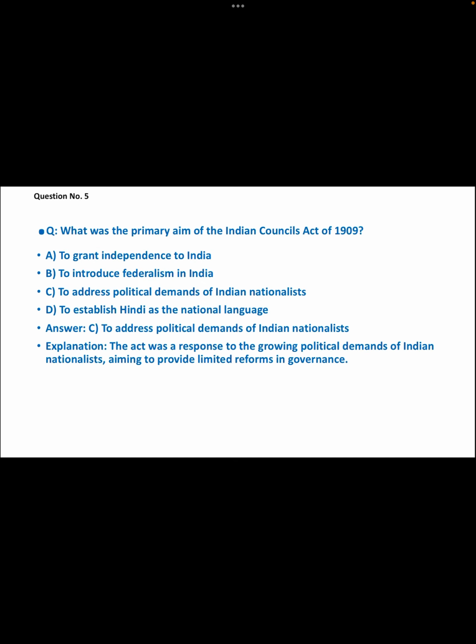Next question is, what was the primary aim of Indian Council Act of 1909? Option A, to grant independence to India. B, to introduce federalism in India. C, to address political demands of Indian nationalists.